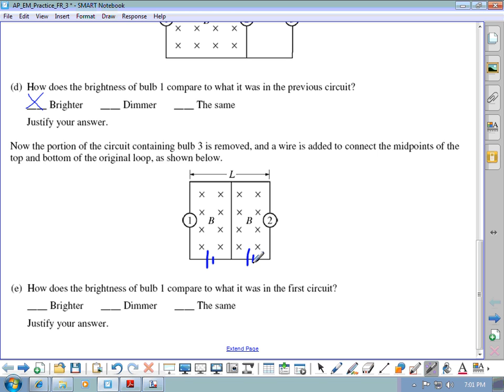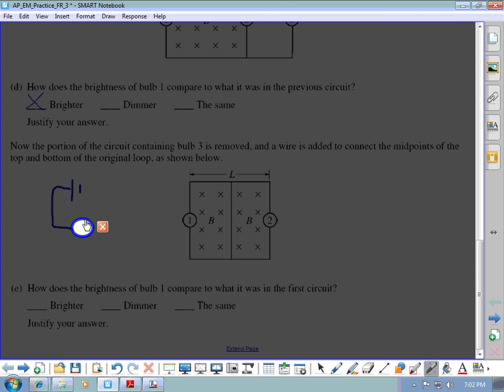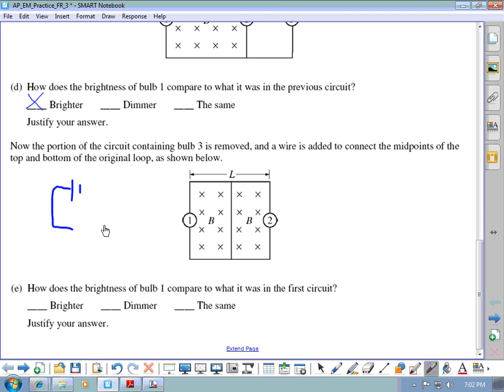And we looked at a circuit like this where we had a battery that was connected to one light bulb, connected to another light bulb with another battery.